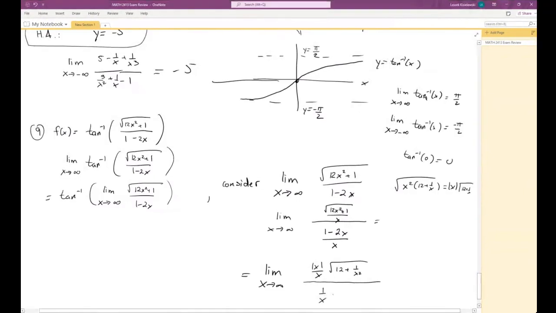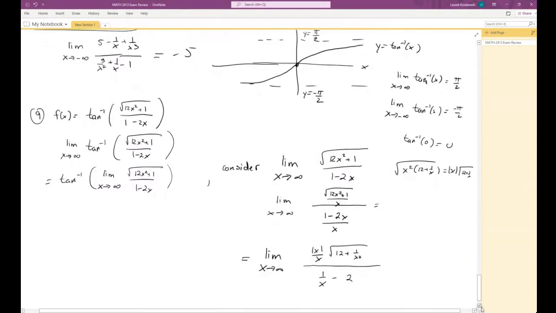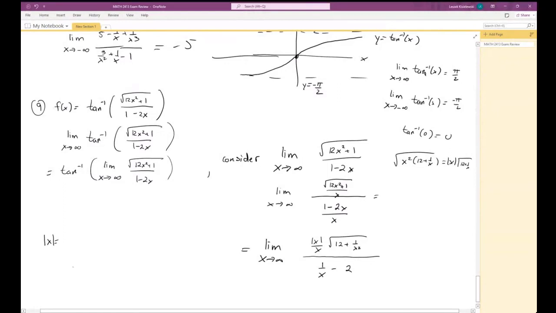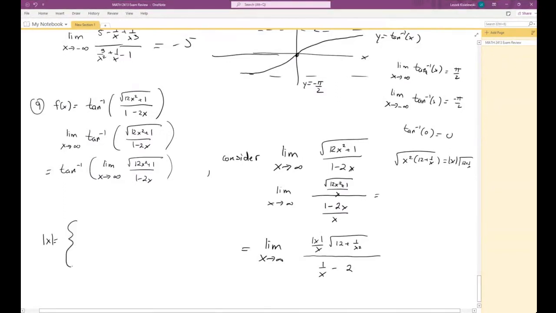And in the denominator, that's pretty easy. All right, so now, what's the definition of the absolute value of x? If you want to trade in the absolute value bars for cases, a piecewise defined function, what's the trade-off here? We know that if x is positive, then the absolute value of x is just x.